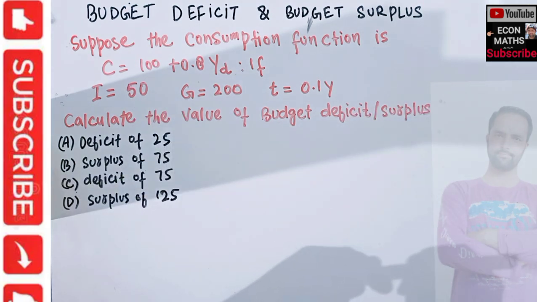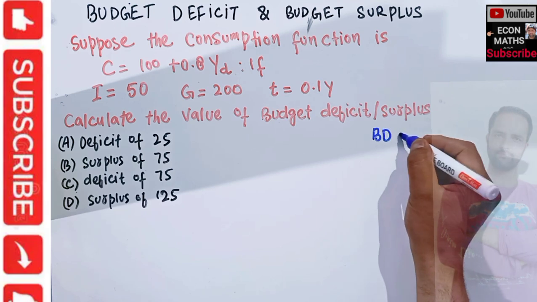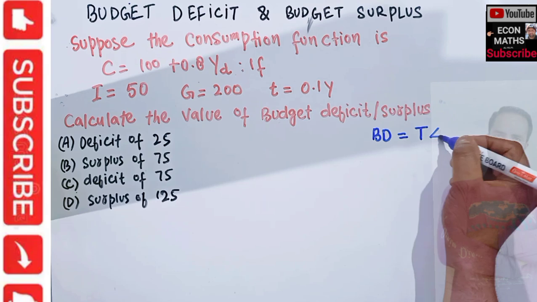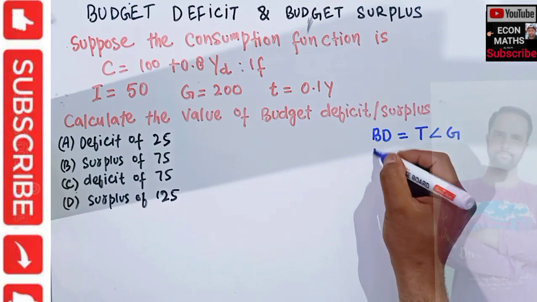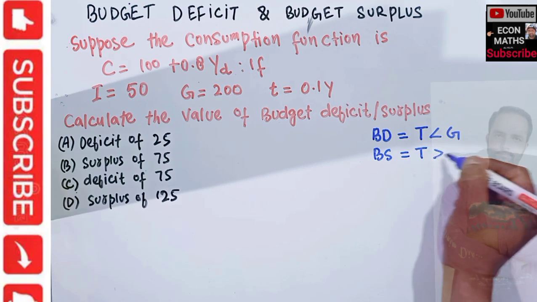So first thing is we should know what is meant by budget deficit. Budget deficit occurs when tax revenue is less than government spending, and budget surplus occurs when tax revenue is greater than government spending.